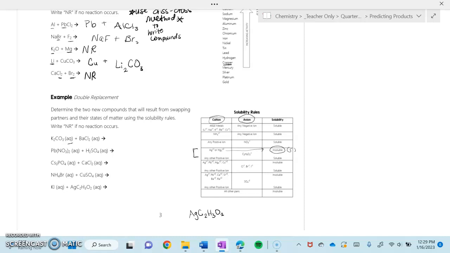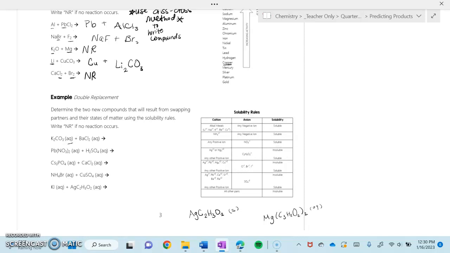So this would be labeled as S. But any other positive ion, so literally anything on the periodic table, let's say magnesium acetate, that one, we're going to follow the bottom here, that's soluble. So we would write AQ next to this in a reaction for its state of matter. So that's just reading this table. For pairs, you'll just read it across the row, and if there's 2 that are split, the top one goes to the top option, and the bottom one goes to the bottom option. Okay?